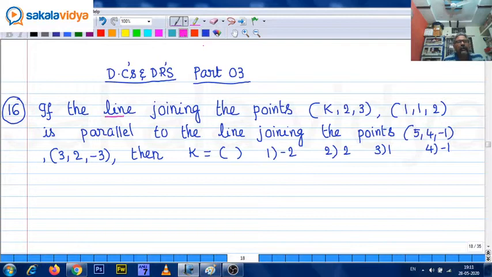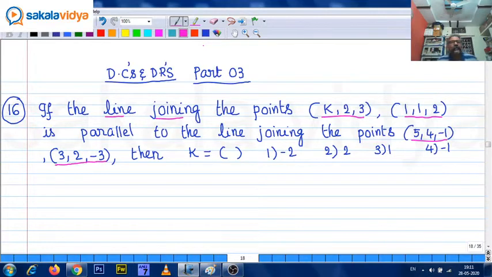If the line joining the points k comma 2 comma 3 and 1 comma 1 comma 2 is parallel to the line joining the points 5 comma 4 comma minus 1 and 3 comma 2 comma minus 3, then k is equal to.